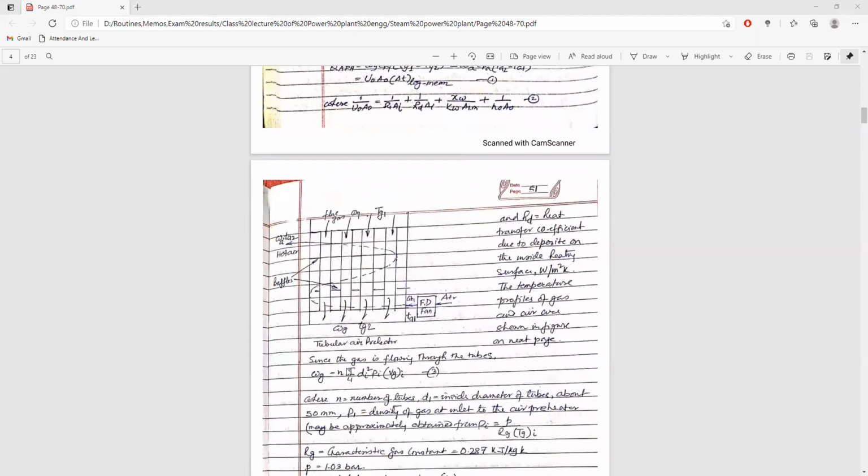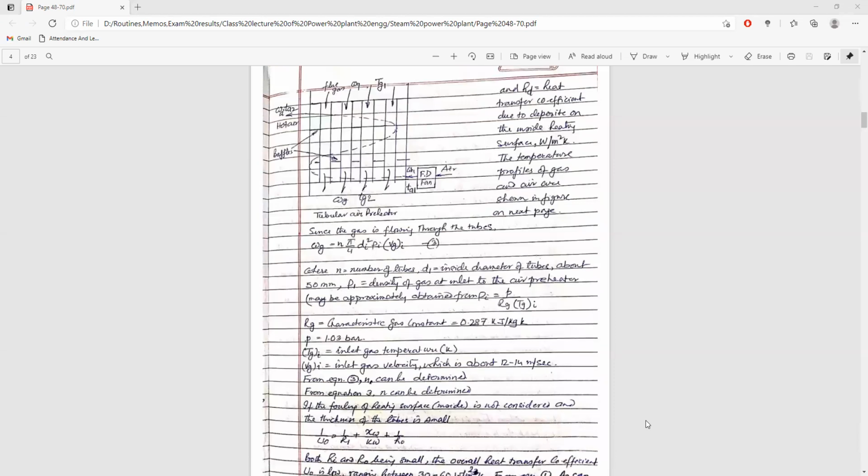N is the number of tubes, and d_i is the inside diameter of the tube, around 50 millimeters or 5 centimeters. ρ_1 is the density of the gas at the inlet of the air preheater, which may be approximated by P divided by R_g T_gi. R_g, the characteristic gas constant, is equal to 0.287 kilojoule per kg per Kelvin, and P is about 1.03 bar, the atmospheric pressure.